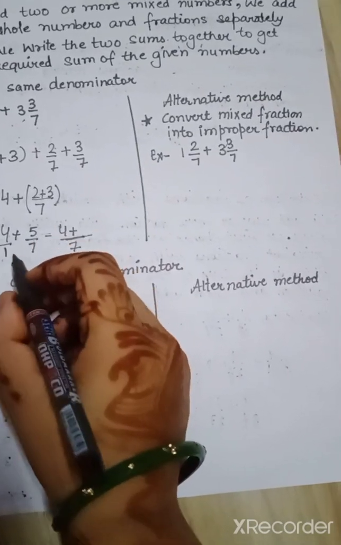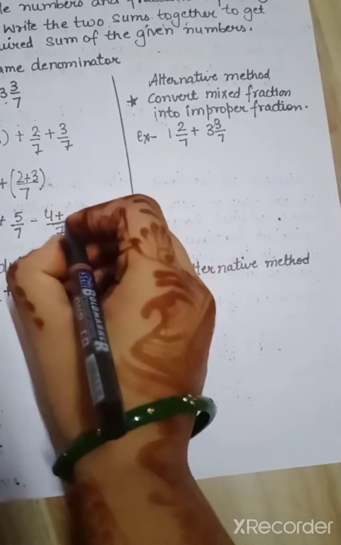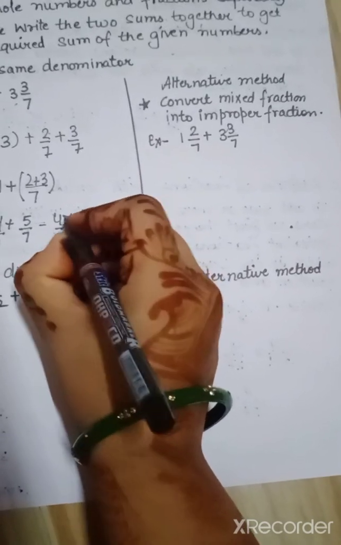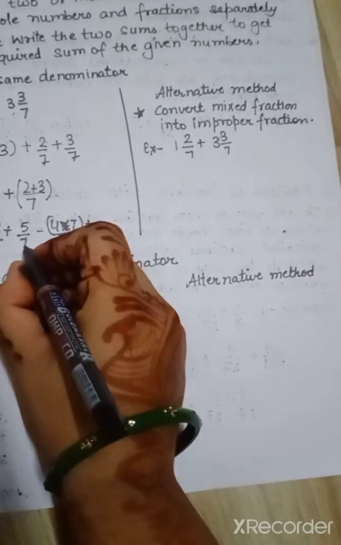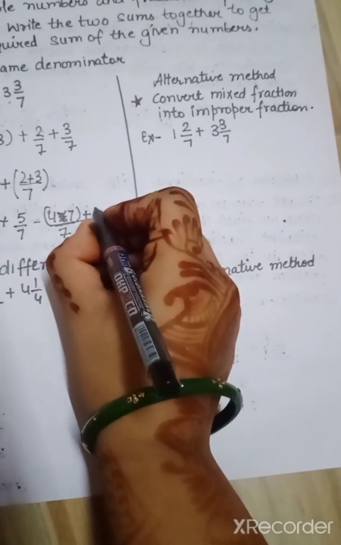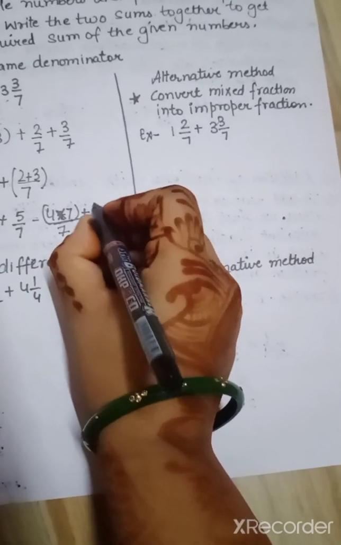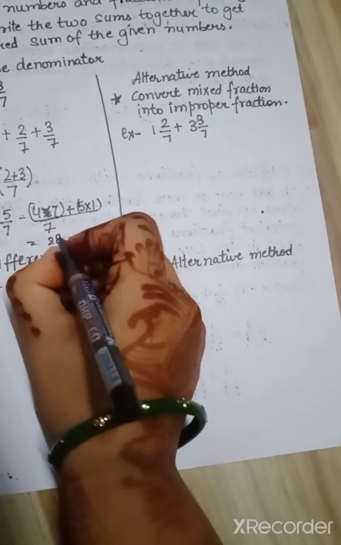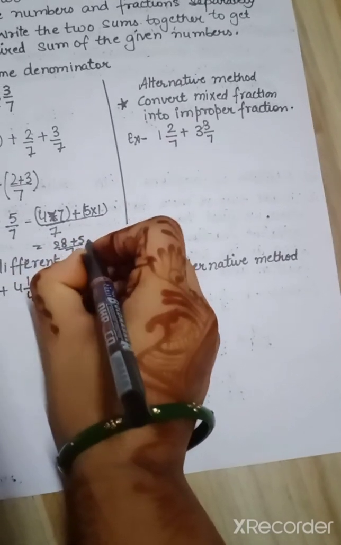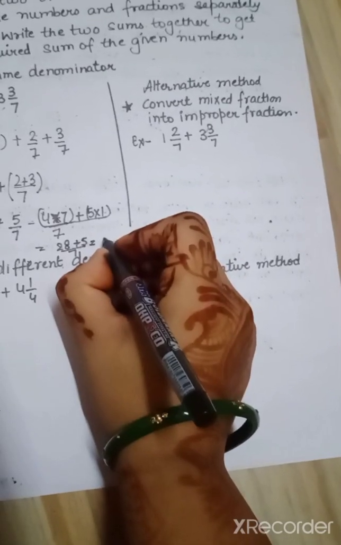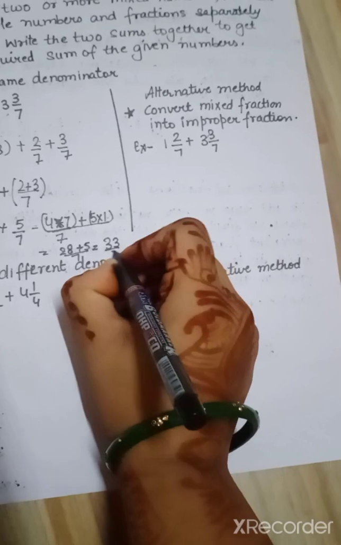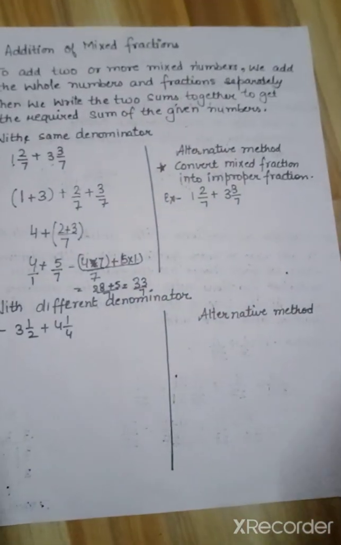So 7 times 1 is 7, so I will multiply 4 with 7, then add. 7 times 1 is 7, so I will multiply 5 by 1. So what will be the answer? 28 plus 5 upon 7, right? The answer will be 33 by 7.